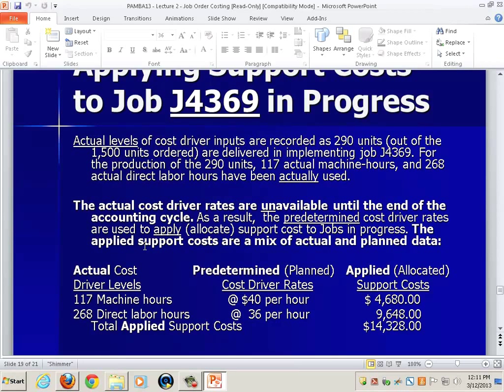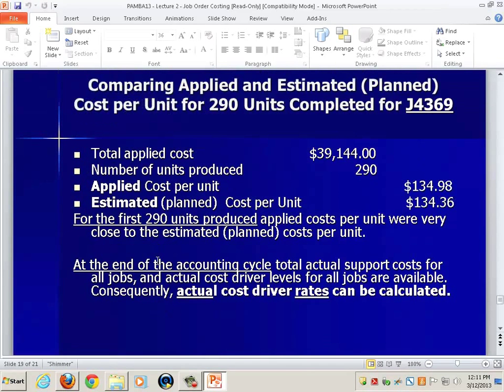Now that we keep that in mind, we have the total applied costs of $39,144. That includes the direct and indirect. The number of units for the batch is 290, and the applied cost per unit is $134.98. Just divide the 39,144 by the number of units.